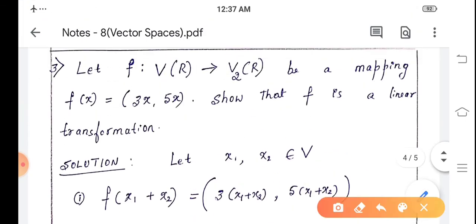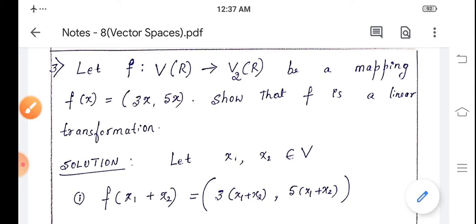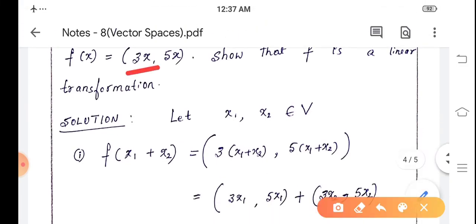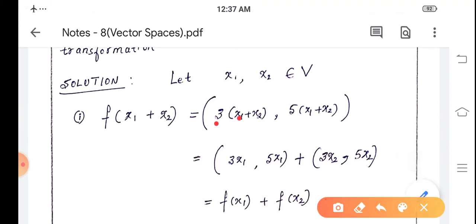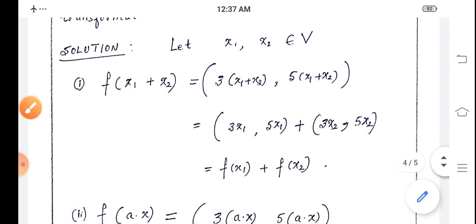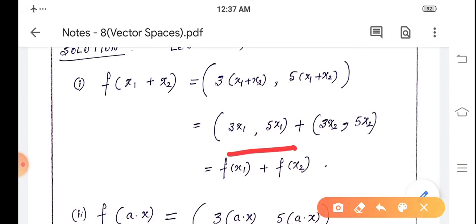By the definition, we write f of x1 plus x2 as (3 of x1 plus x2, 5 into x1 plus x2), or it is (3x1 plus 3x2, 5x1 plus 5x2), or we write it as (3x1, 5x1) plus (3x2, 5x2).